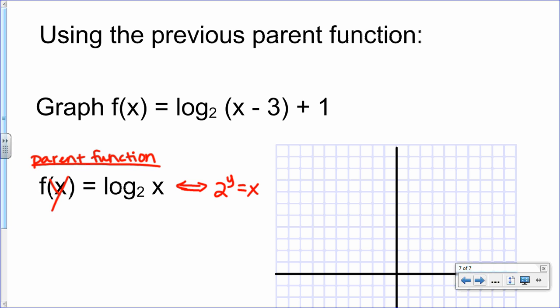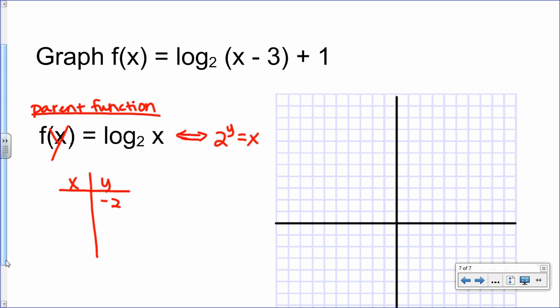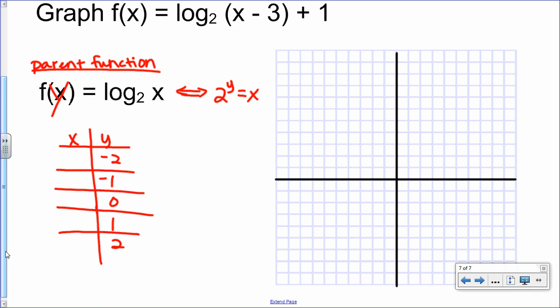So I'm going to copy down the same table we just used. I plugged in numbers for y. Now I'm going to graph the points. I'm not going to connect them, but I'm going to graph the points.